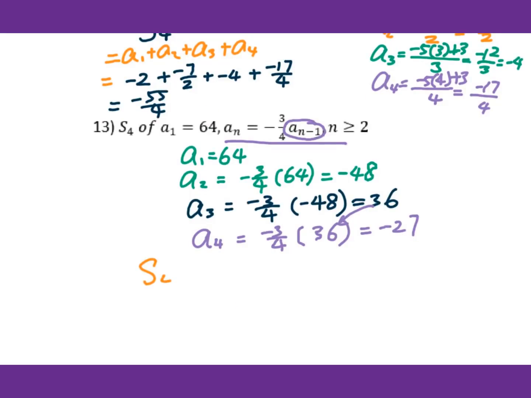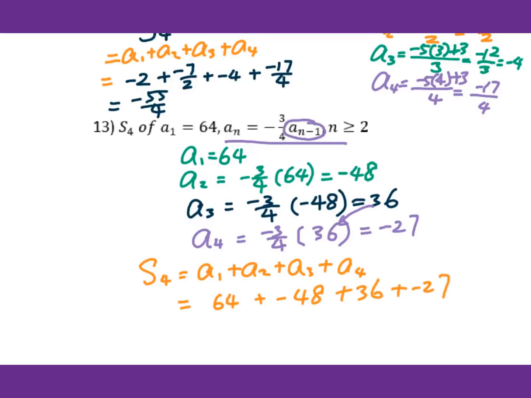Therefore, S sub 4 equals a sub 1 plus a sub 2 plus a sub 3 plus a sub 4. You will get 64 plus negative 48 plus 36 plus negative 27 equals 25.